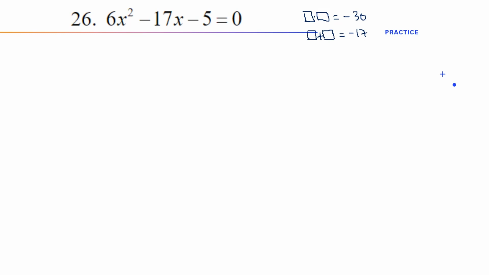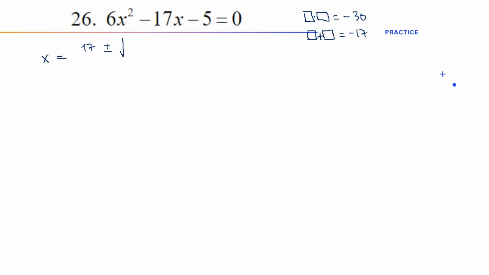And we try completing the square, right? Completing the square, but this negative 17 divided by 6 does not give us a whole number. So we're not using completing the square, but we go straight to the quadratic formula.